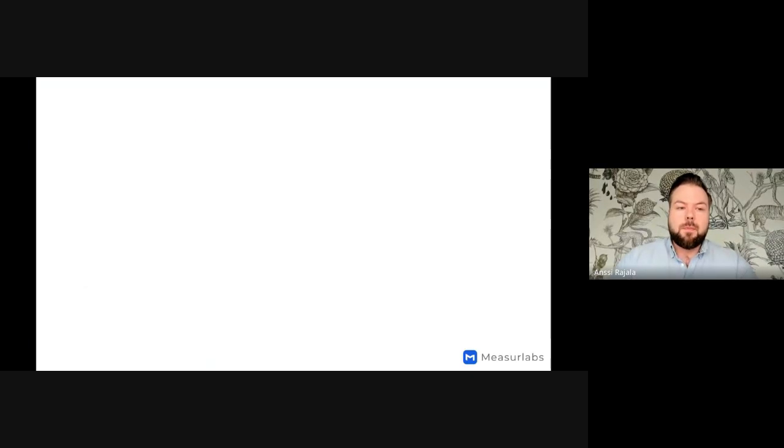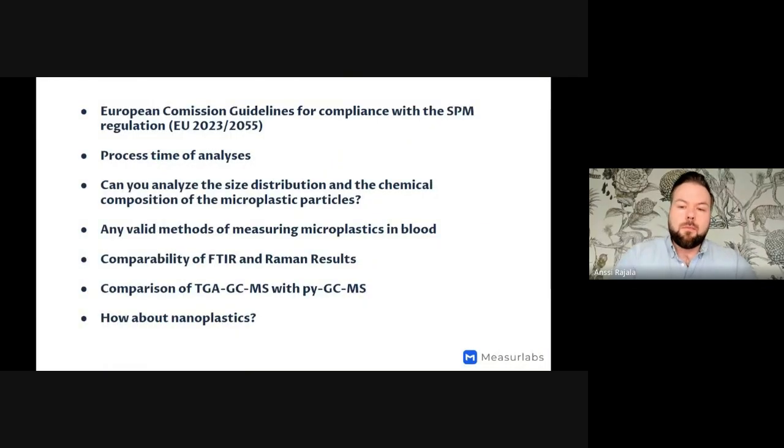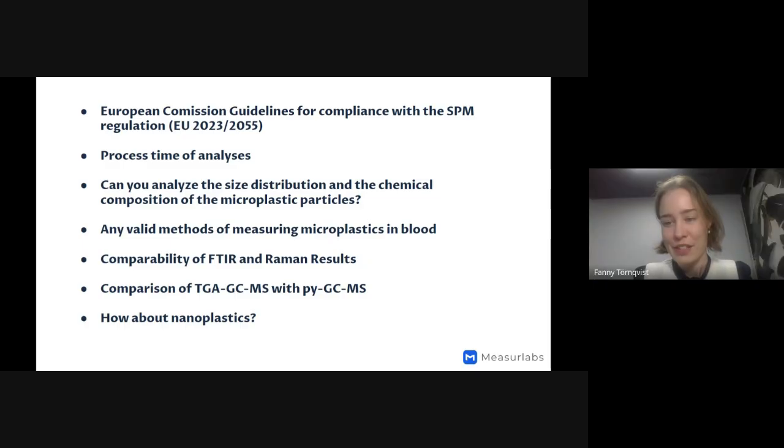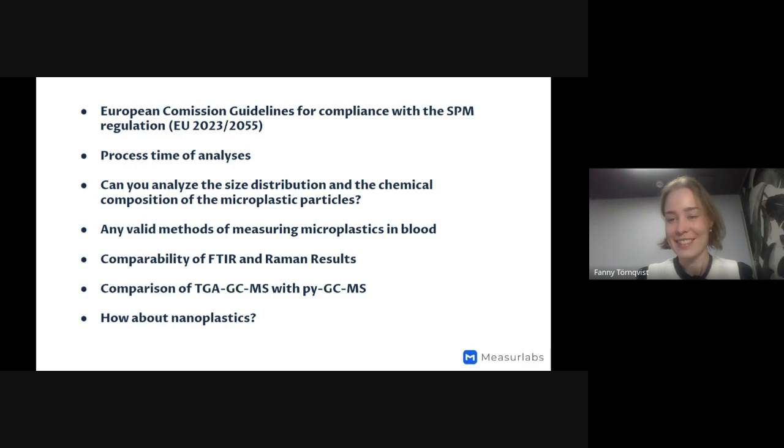So we have some methods accredited, and we are trying to get more methods accredited, but they are mostly still in process. Yes, it is a very much developing field. I would like to still point out that we mostly do this analysis in accredited laboratories, even though the methods themselves are not all accredited. Yes, excellent addition.